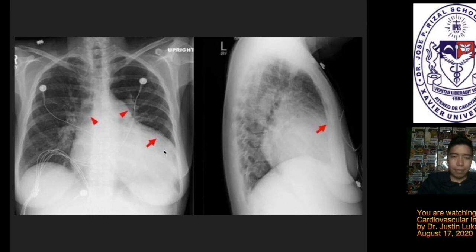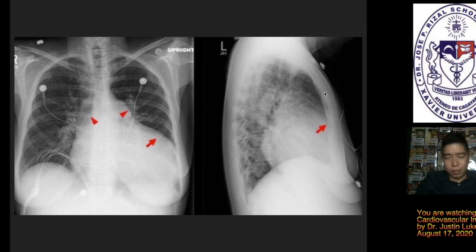So your apex is here, and this is what we also call rounding of the cardiac apex. This is also the one responsible for creating your boot-shaped heart in the tetralogy of Fallot. The tip of the boot is the cardiac apex that is upturned.